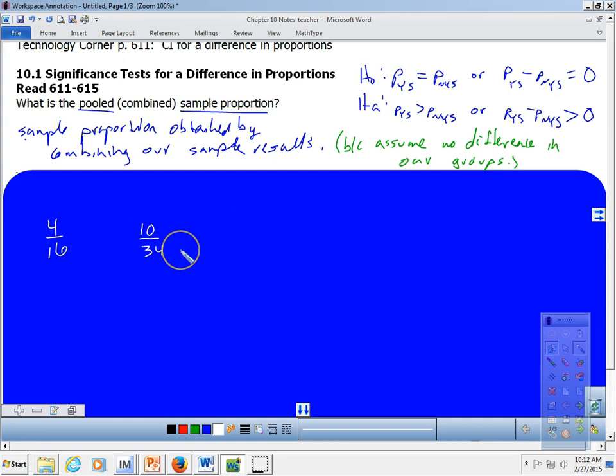Well, if we assume there really is no difference, then we can combine these and get what's called a pooled proportion. And so our pooled proportion, or our combined proportion, is usually denoted as P sub C, is going to be equal to combining these guys. And so 10 plus 4 is your 14. And that's going to be divided by 50. Okay?